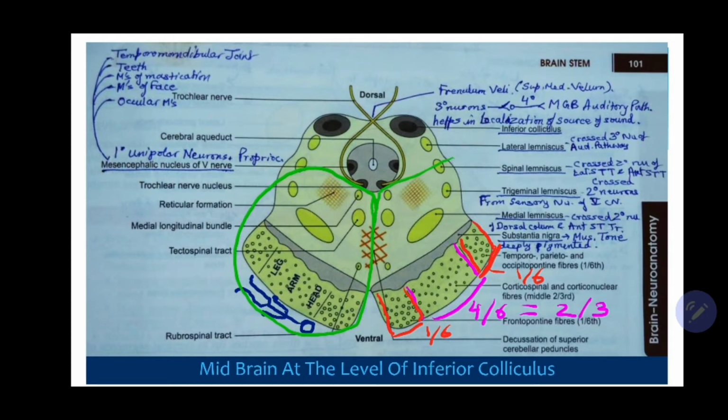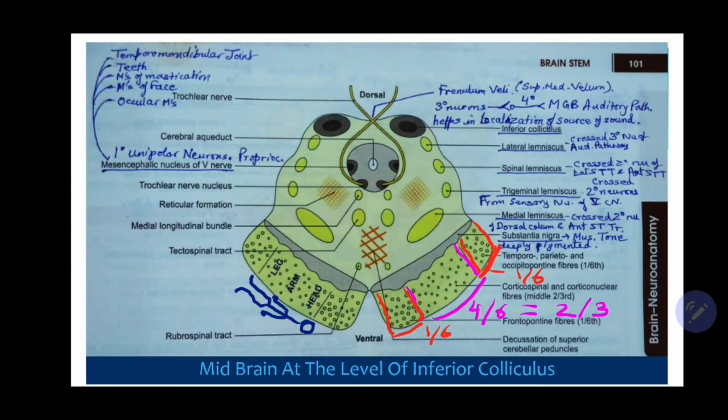These are the two cerebral peduncles of the two sides. So the three parts of the cerebral peduncle from deep to superficial are: tegmentum, substantia nigra, and crus cerebri. Now the tegmentum, let's talk about the tegmentum.